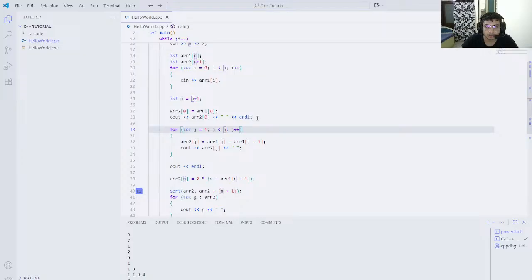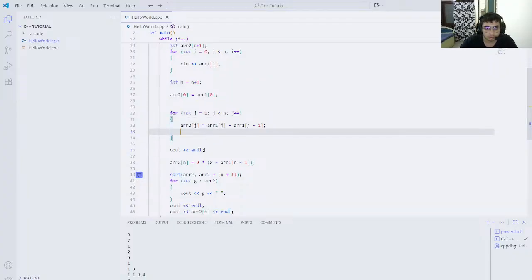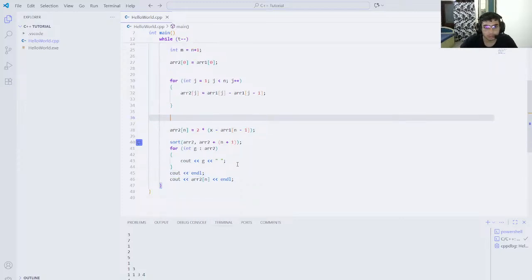Now let's just remove all of it and try it just as it was. Remove all the outputs. Yeah, we don't need this output.